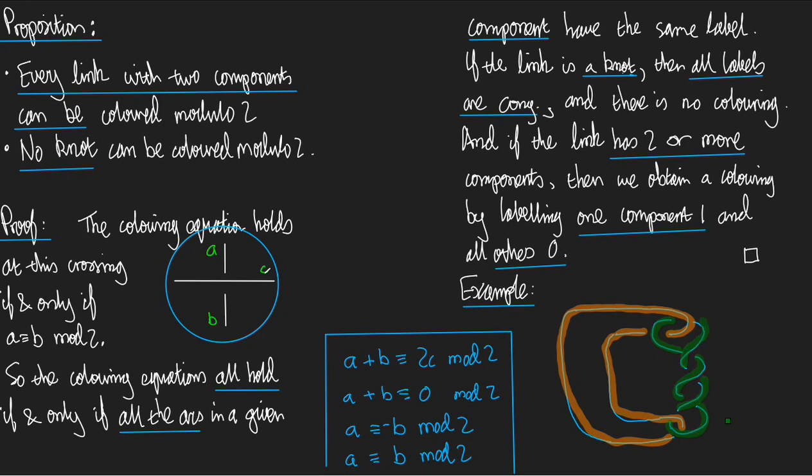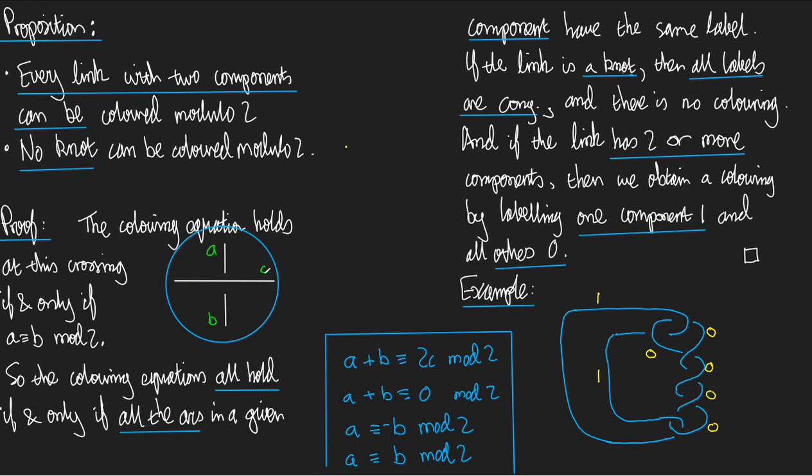So I can make a colouring by choosing to colour one of the components, the orange component, with labels all 1, and the other one with labels all 0. So let's do that. Let's make all of these 1. There's one arc, and here's another arc. And let's make these all 0.